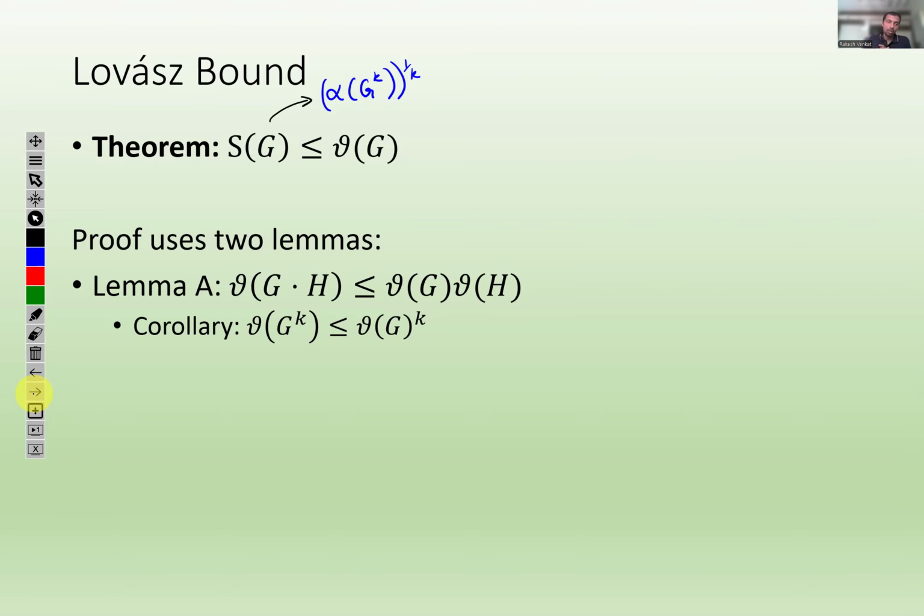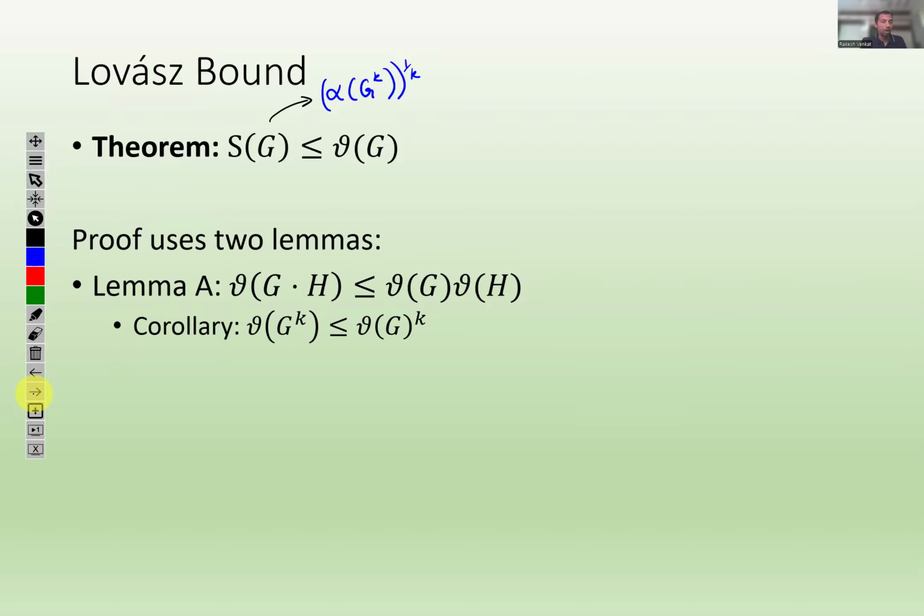In particular, if you take h to be g power k minus 1, then you get the corollary which we'll use. You're given a graph g and a graph h, and you look at the theta function value of g dot h. What is g dot h?